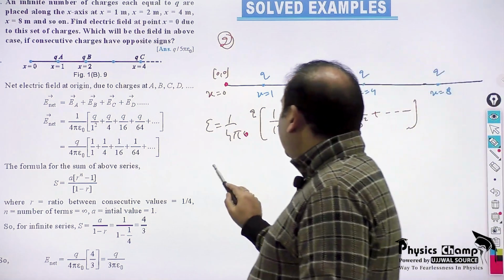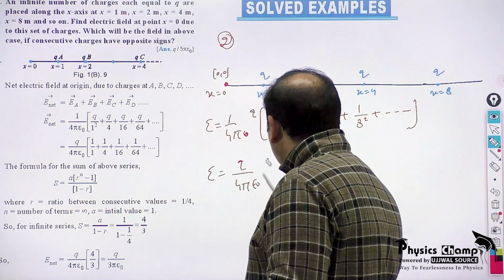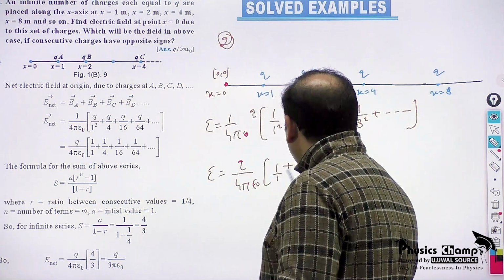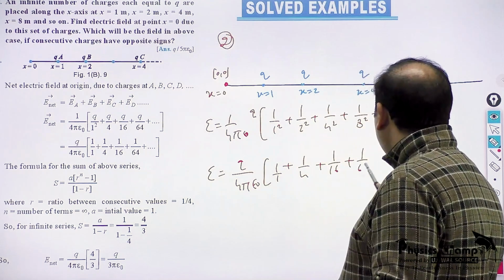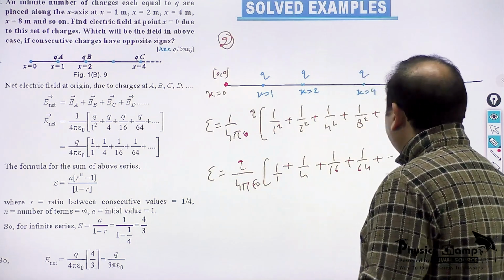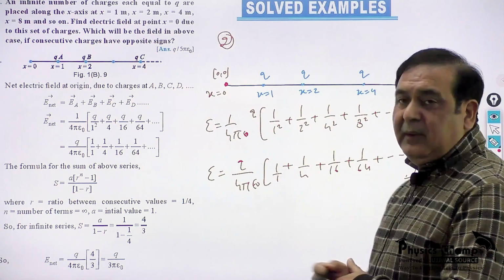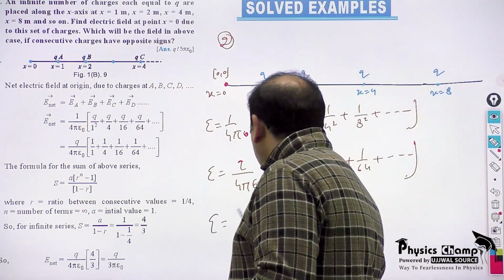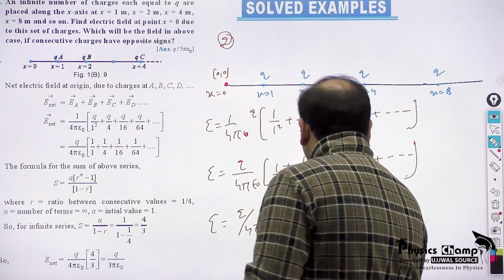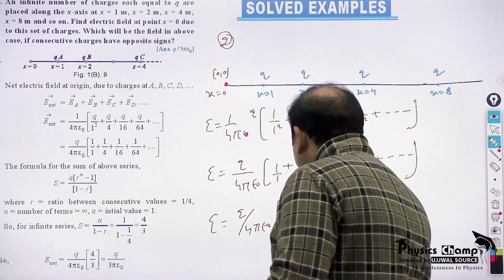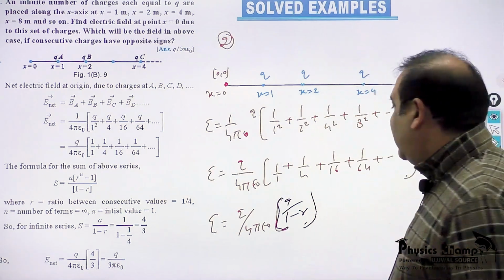So the net electric field at origin will be q by 4 pi epsilon naught into (1 plus 1 by 4 plus 1 by 16 plus 1 by 64 plus so on). And for this GP series, the result will be obtained by A by 1 minus R. Now here A is the first value and R stands for ratio.